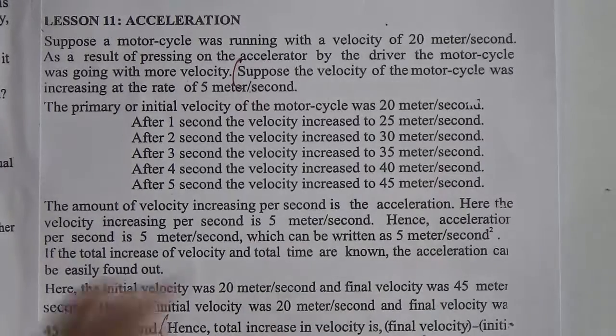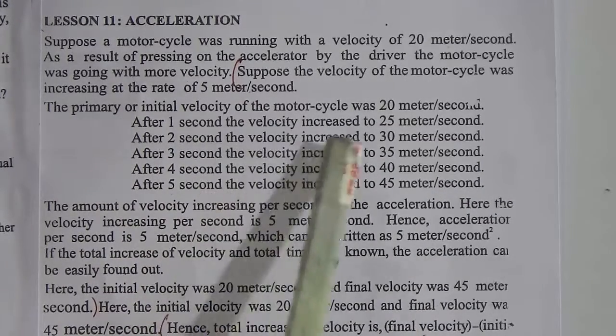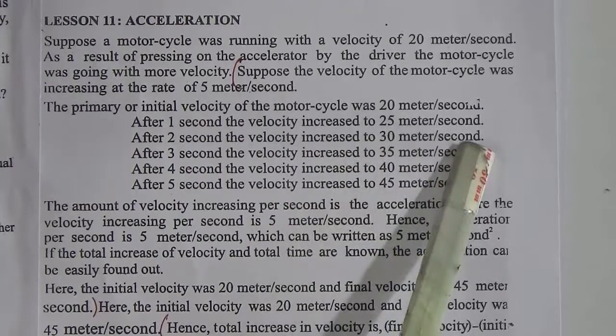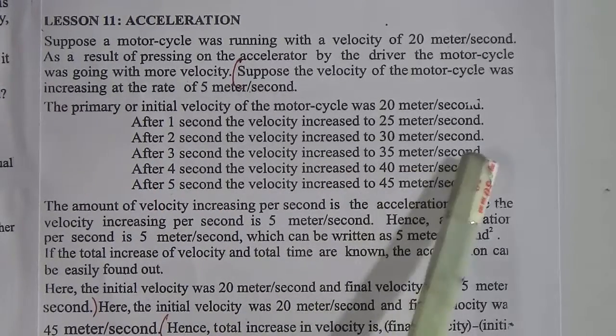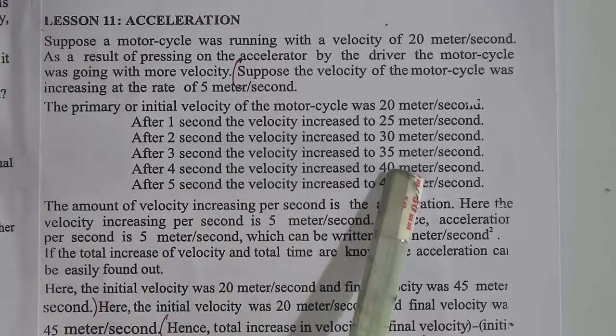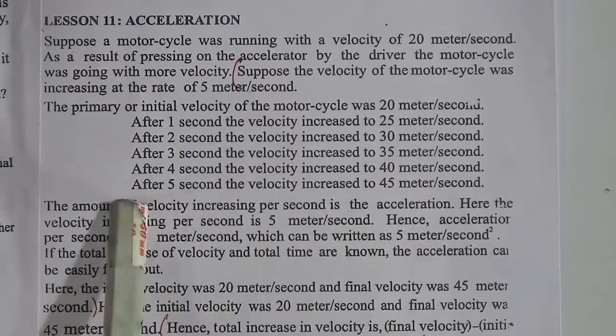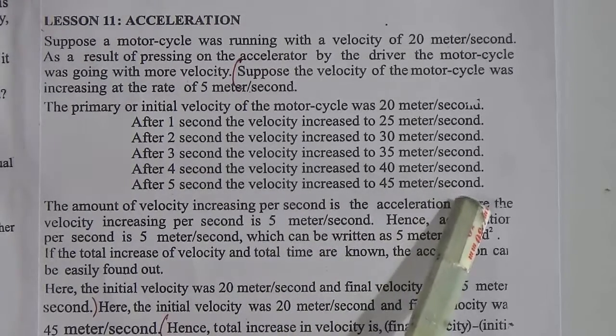After 2 seconds, the velocity increased to 30 meters per second. After 3 seconds, 35 meters per second. After 4 seconds, 40 meters per second, and after 5 seconds, the velocity increased to 45 meters per second.